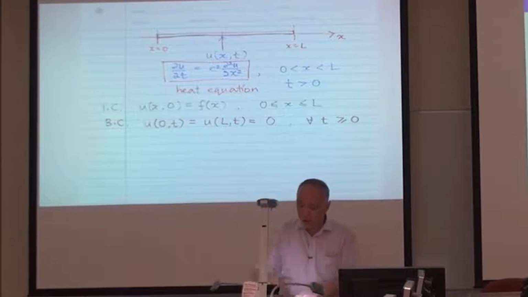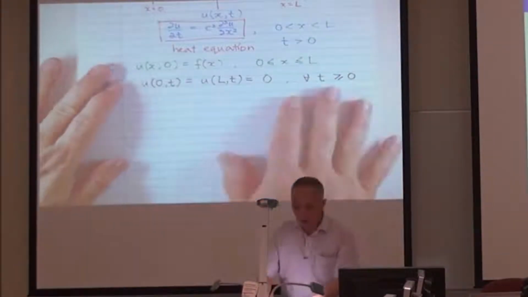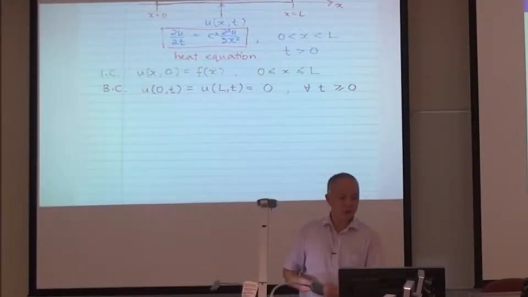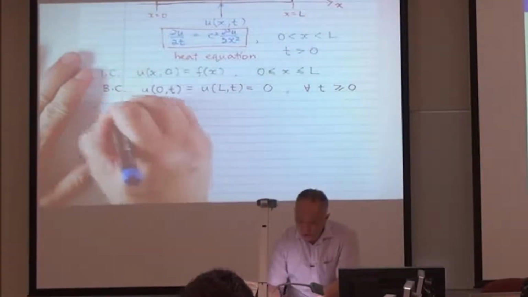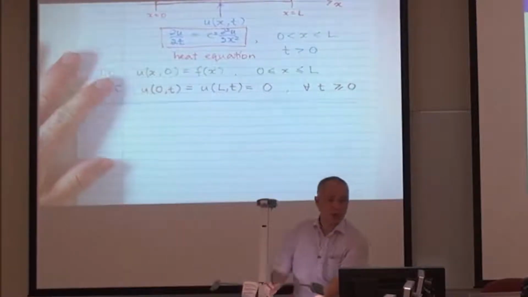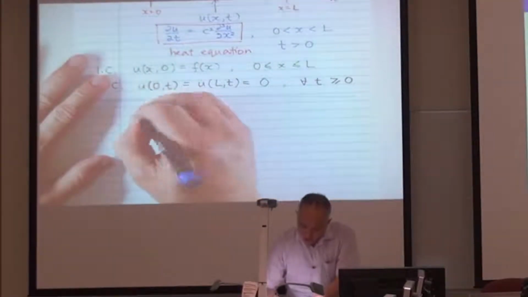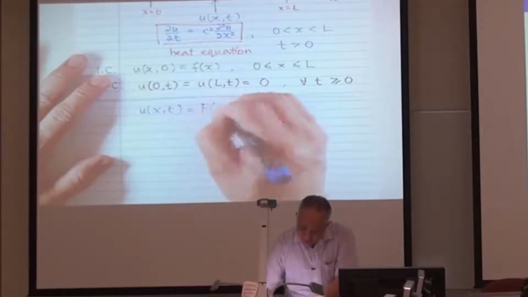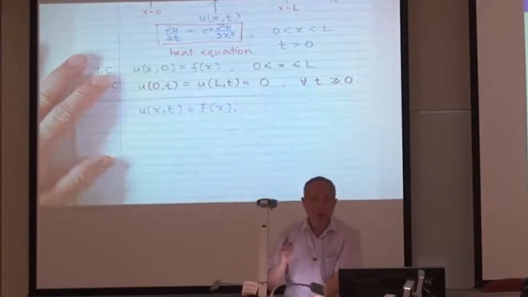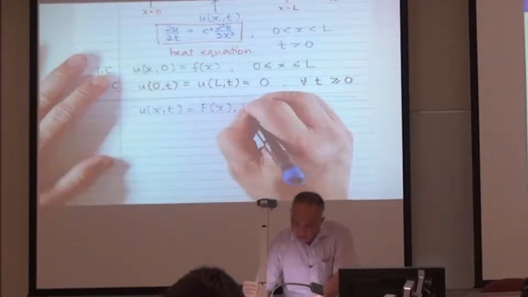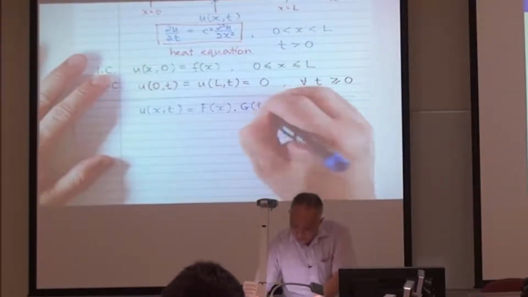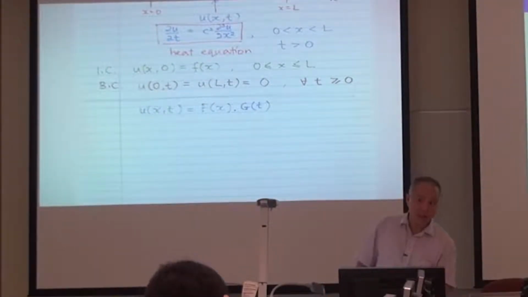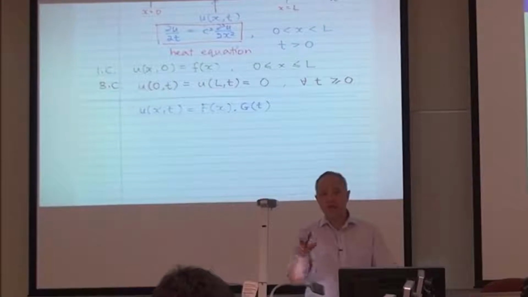Now, the method of separation of variables. If we want to use the method of separation of variables, what we do is assume, or we can let u(x,t) be a product of two functions f and g, where f is a function of x only and g is a function of t only.